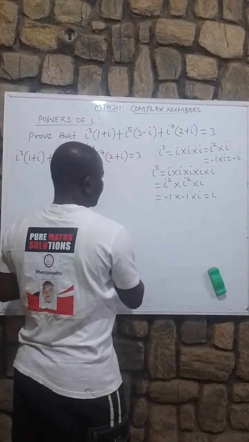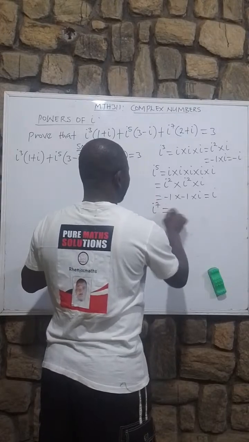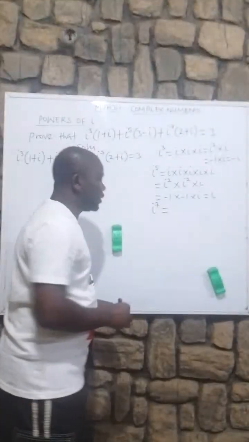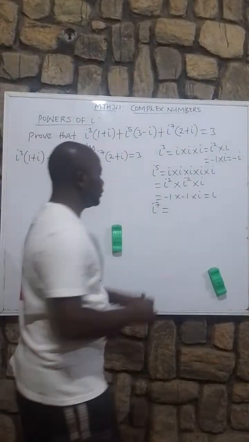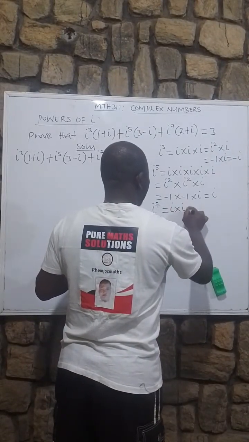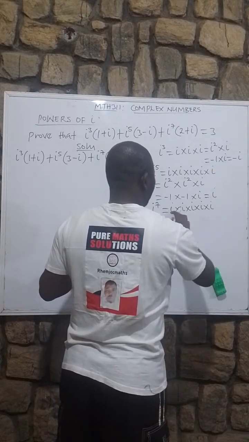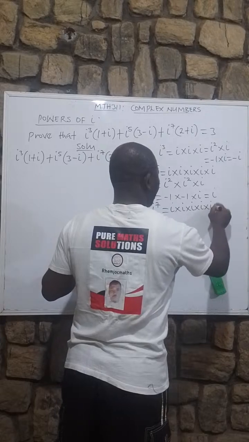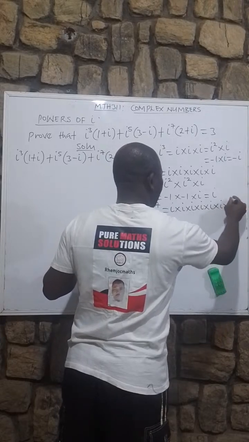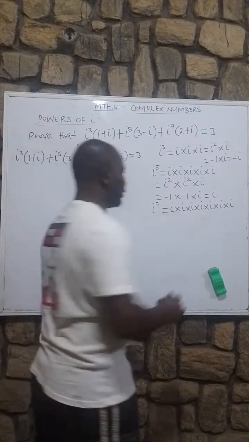Then, let us talk about i raised to the power 7. Let us simplify it: i times i times i times i times i, 1, 2, 3, 4, 5, times i times i, 6, 7, right? So let us reduce it.